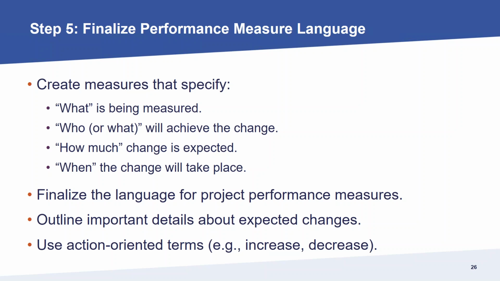You'll ask, what is being measured? Who or what will achieve the change? How much change is expected? And when will the change take place? You'll answer these questions individually and then combine the answers to create a refined, clearly specified measure that meets all of OSTEP's requirements. The Step 5 template is available to help you record the final measure text.